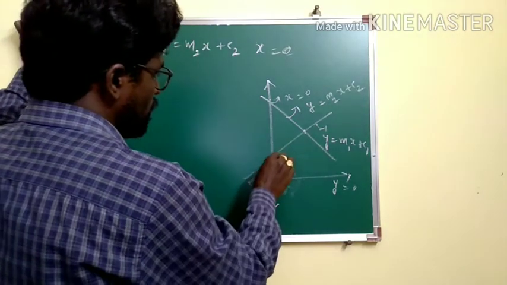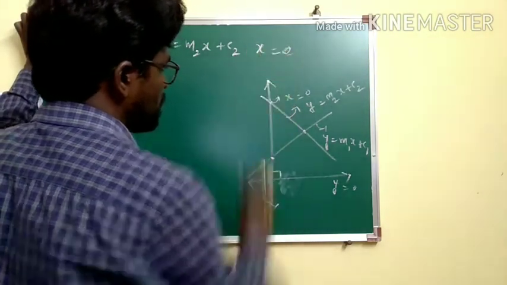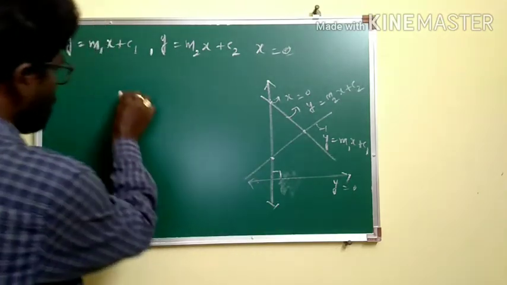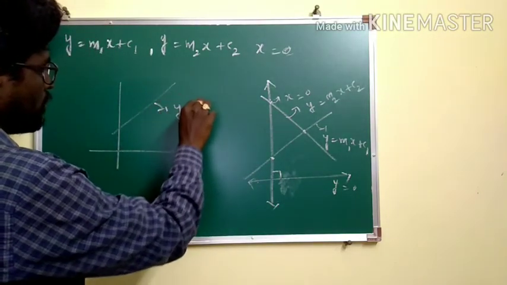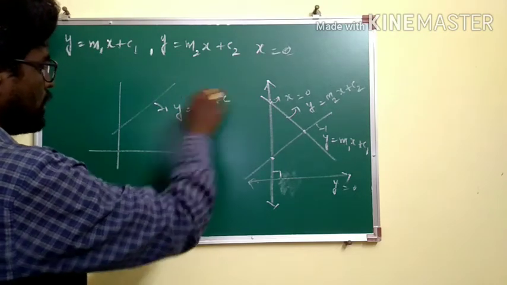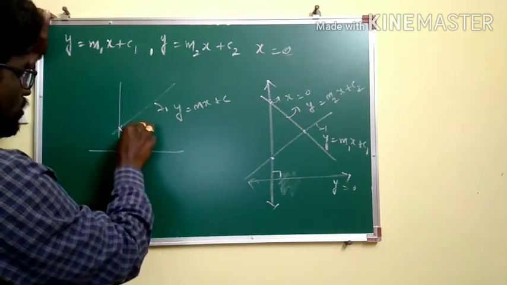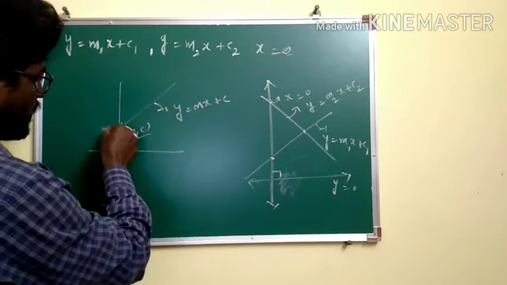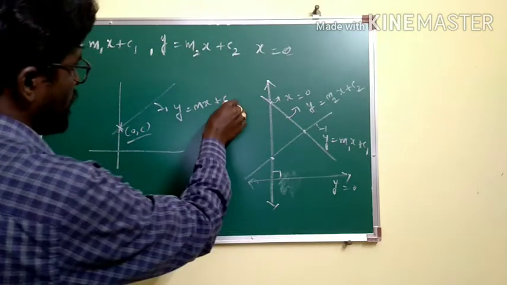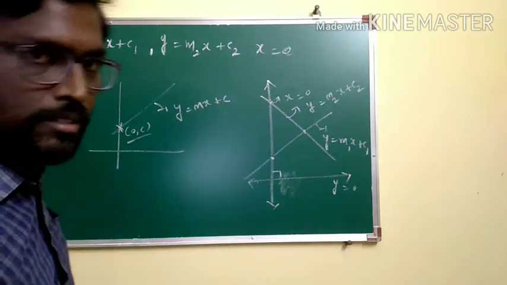Very clearly, what are the points of intersection of these lines? You know very clearly that if a line y equal to mx plus c cuts the y-axis, then it cuts at the point 0 comma c, because the y-intercept of the line y equal to mx plus c is c.